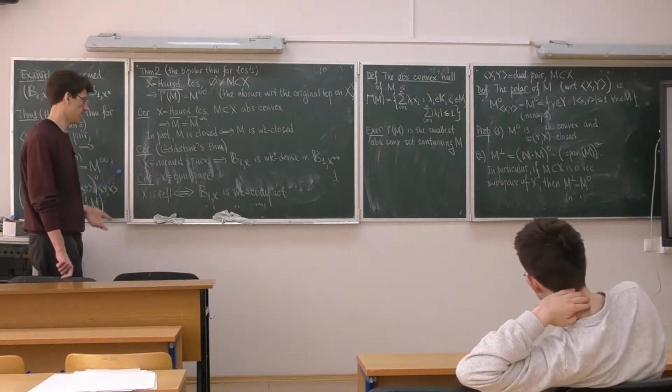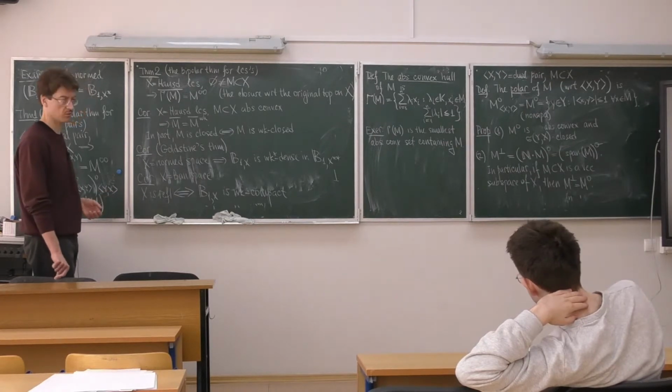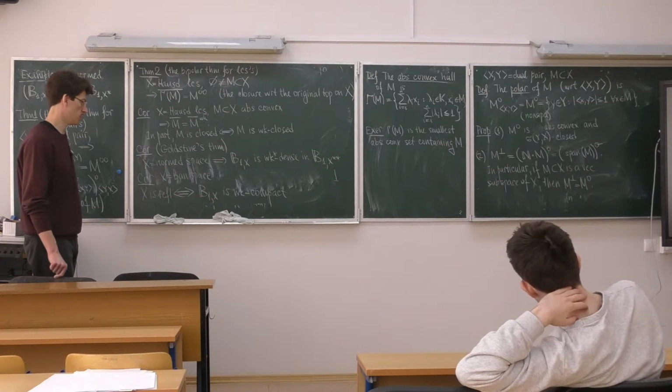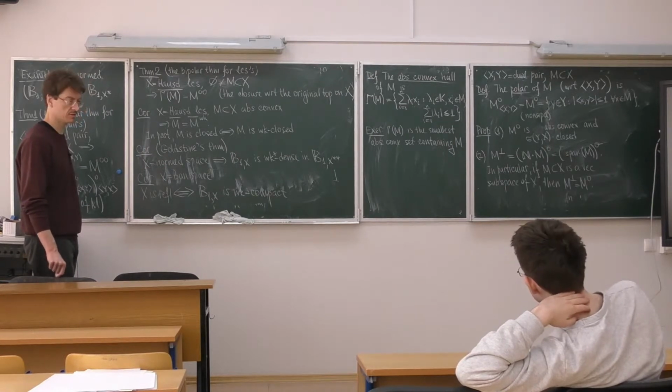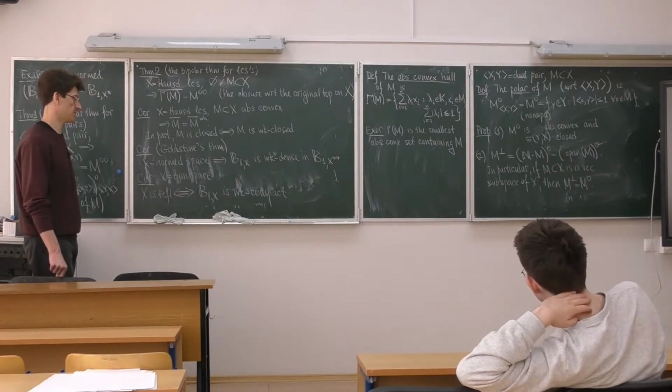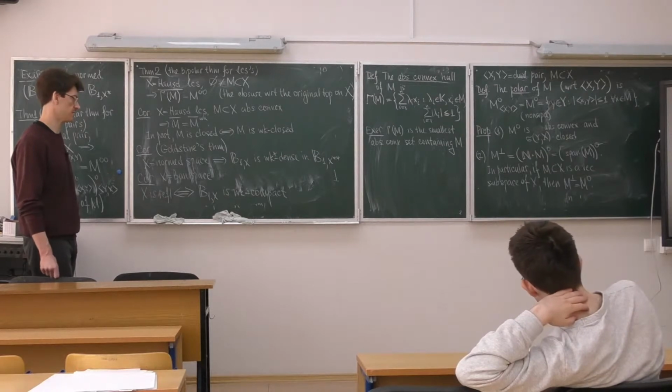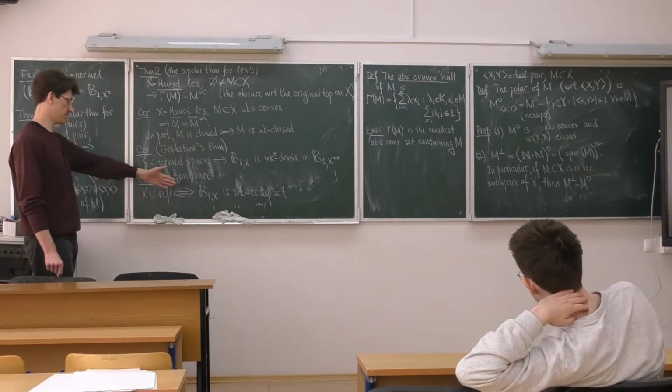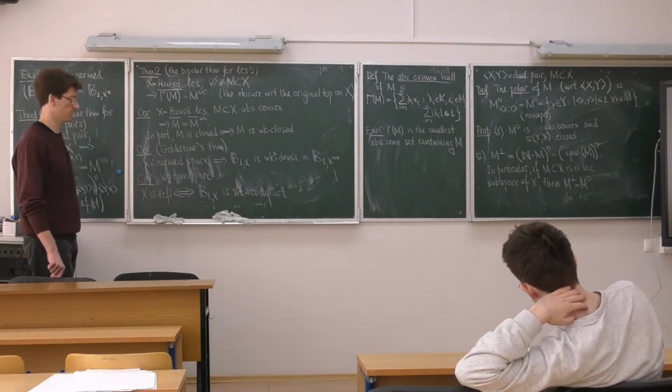Indeed, the left-to-right implication follows from the Banach-Alaoglu theorem. If it is reflexive, then we can identify this ball with the unit ball in the bidual. So the weak topology and the weak star topology on the bidual are identical. And so everything follows from the Banach-Alaoglu theorem.